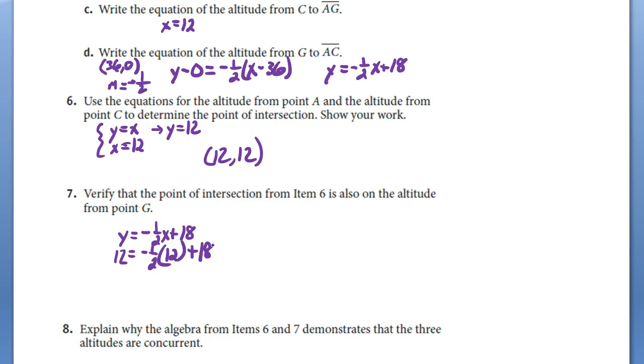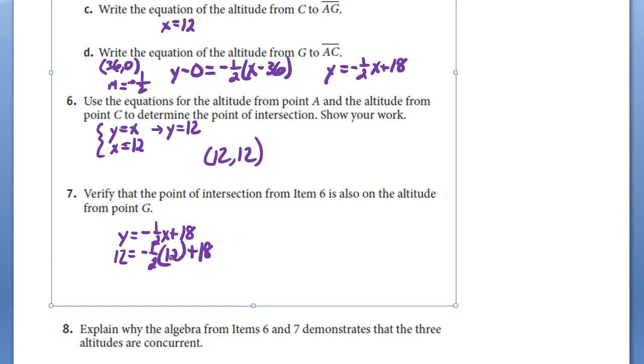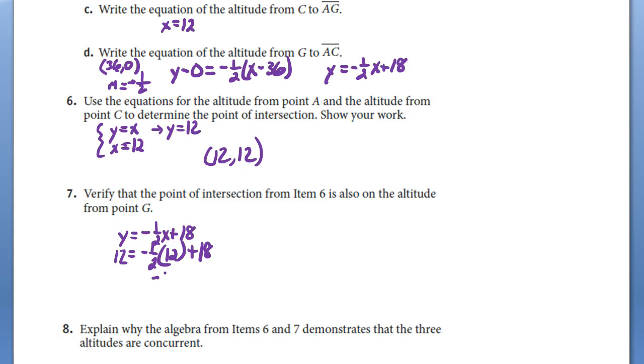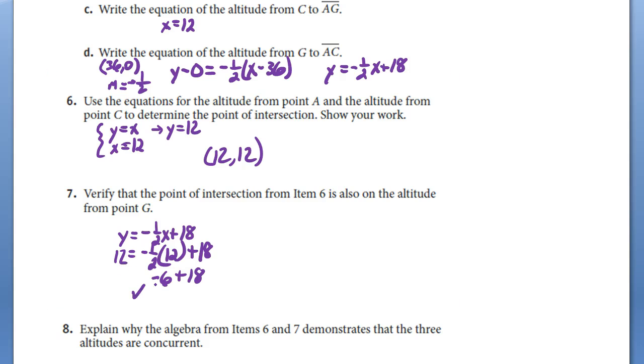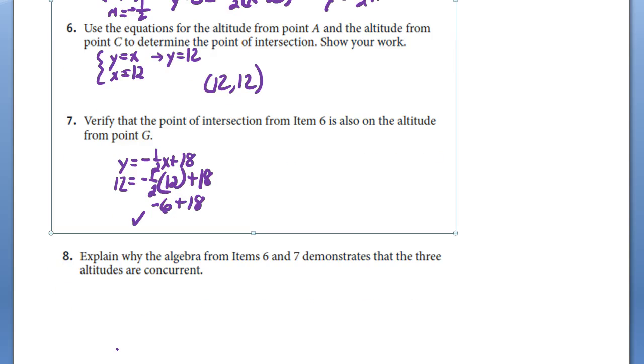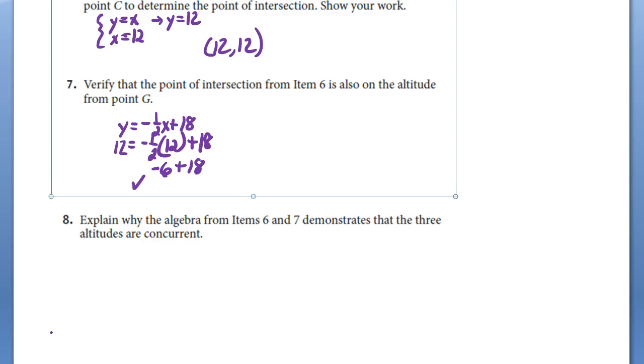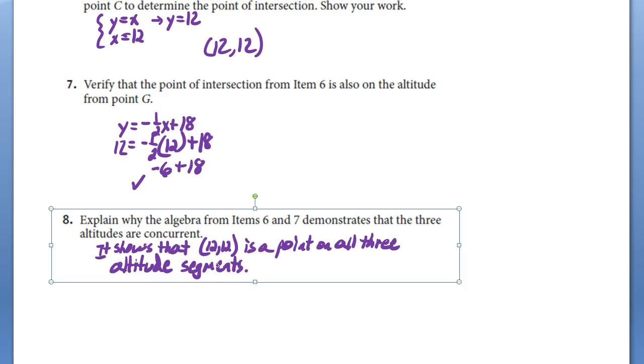Let's see if doing that checks out. -1/2 times 12 is -6, and -6 plus 18 does make 12. That checks. Number 8, explain why the algebra from items 6 and 7 demonstrates that the three altitudes are concurrent. It shows that (12, 12) is a point on all three altitude segments.